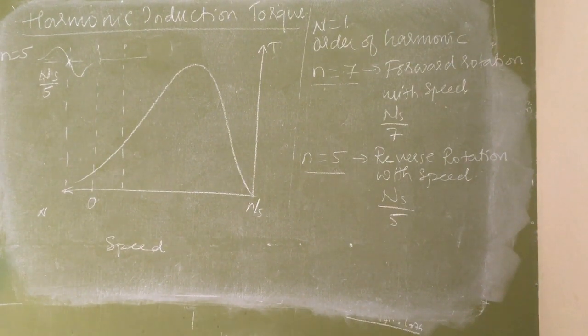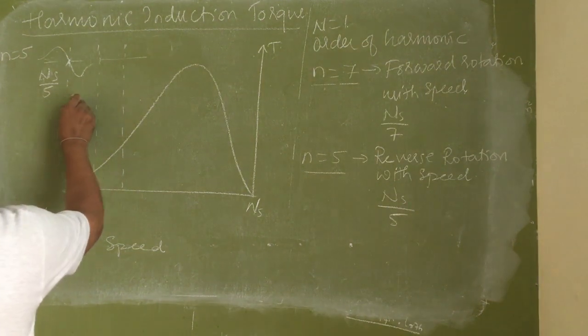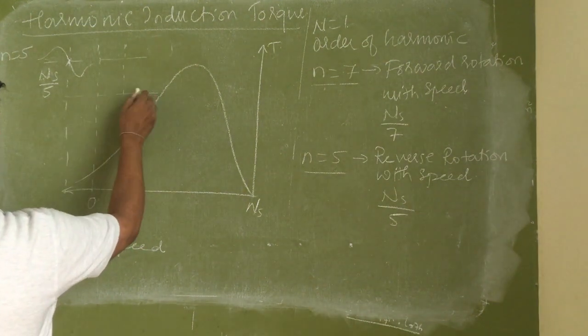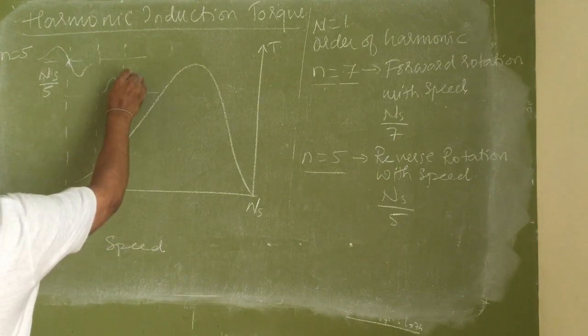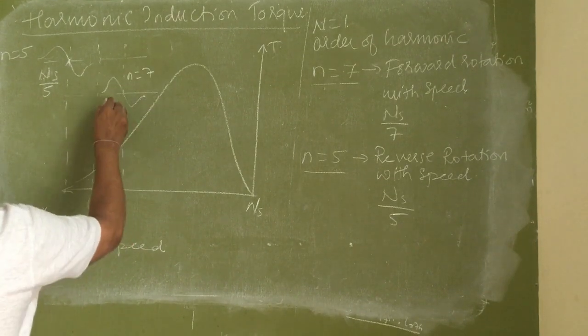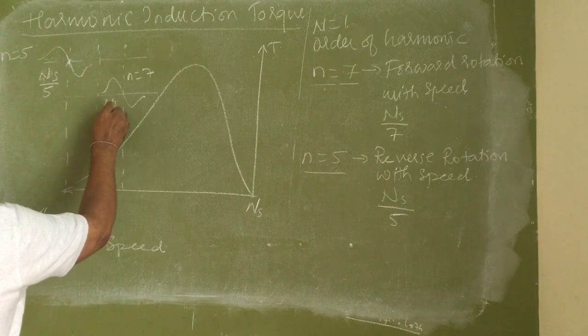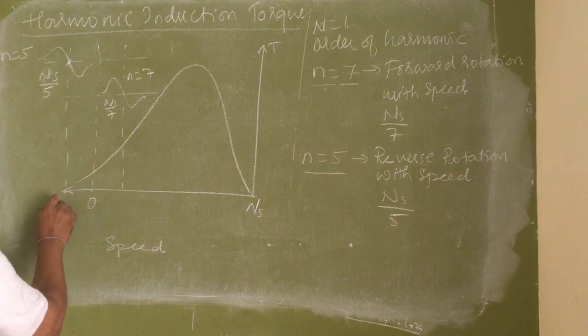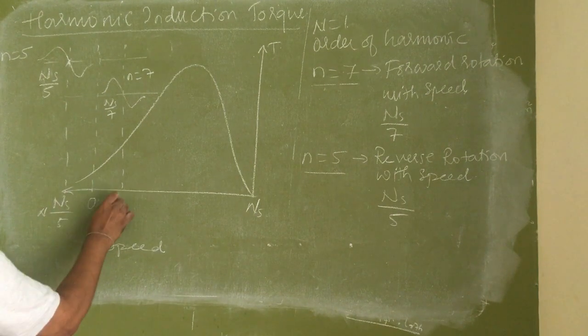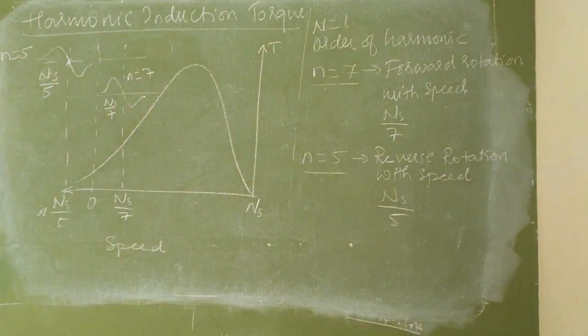Now there is one more, the seventh harmonic. So this is n equals 7. This will be Ns by 7. So this will give you Ns by 5, Ns by 7.